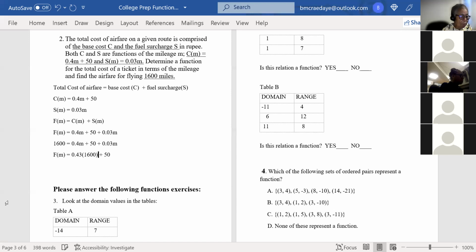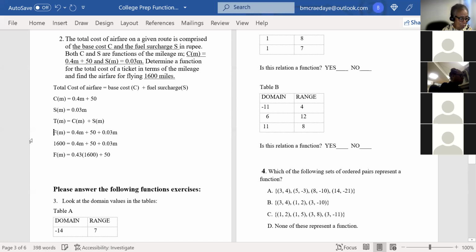Okay. Because they gave us that. And multiply this out and add the 50, and what do you get? Let me put this, I'm going to make this T instead of M for total.